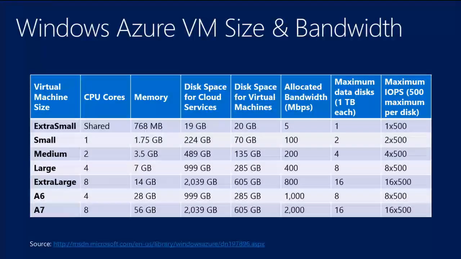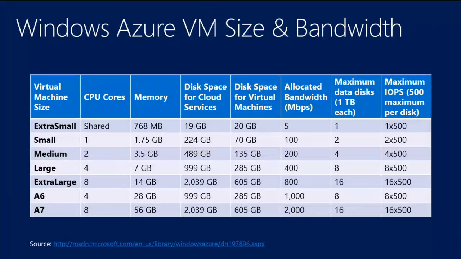If you're doing work on premise, then you often know what machine size you're going to need because you've maybe already done some performance characterization on premise. So because of that, you can choose what type of machine size you want to use. So number of cores, the amount of memory. You can ignore the disk space for cloud services.